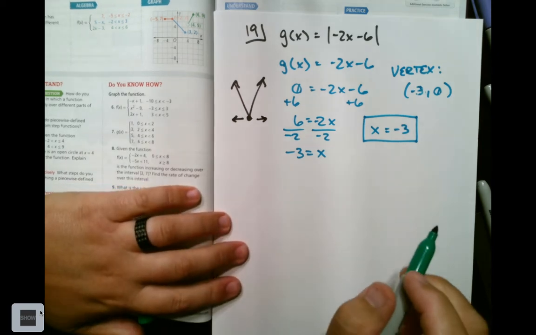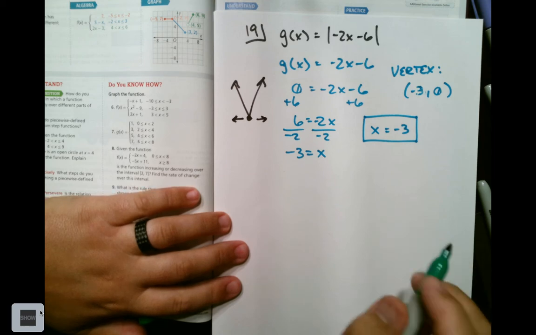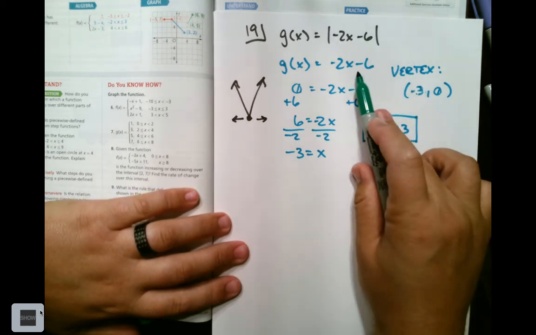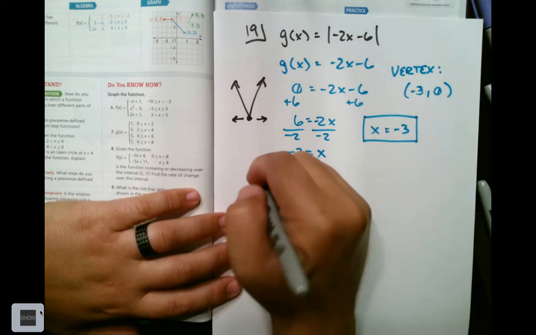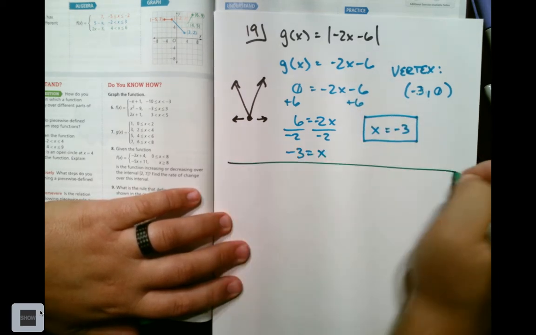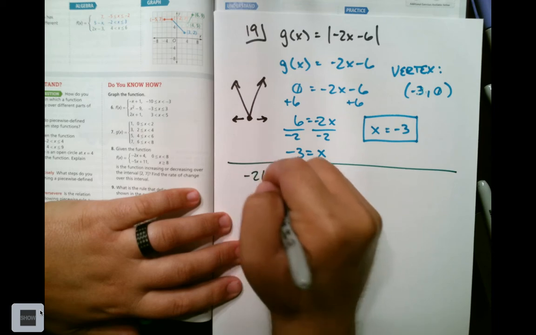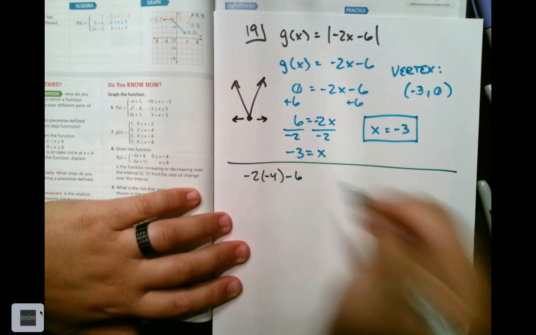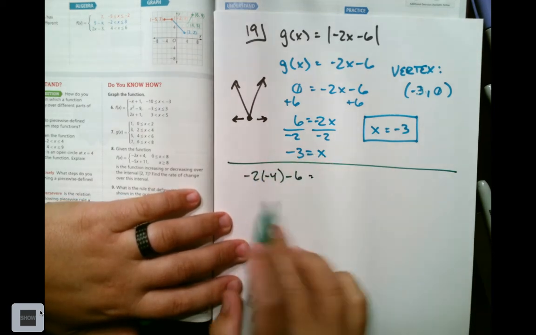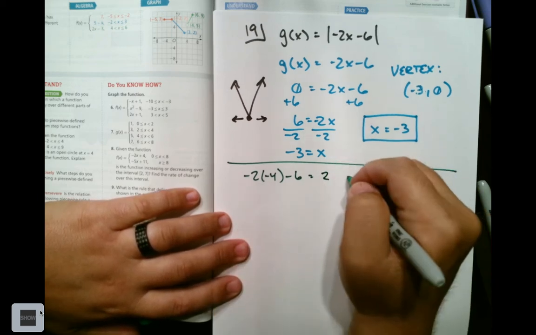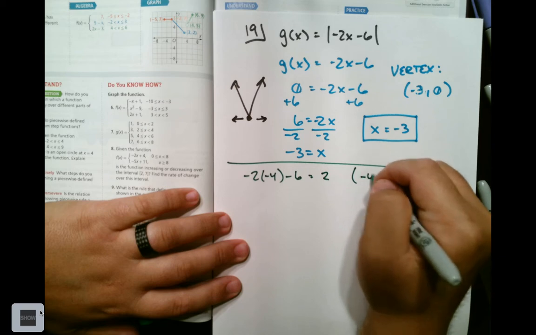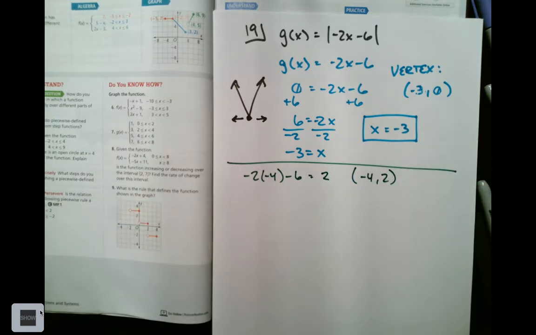So if I choose negative 4, let's plug that into our function, negative 2x minus 6. So it's going to be negative 2 times negative 4 minus 6, which is 8 minus 6, which is 2. So that gives me the point negative 4 comma 2.